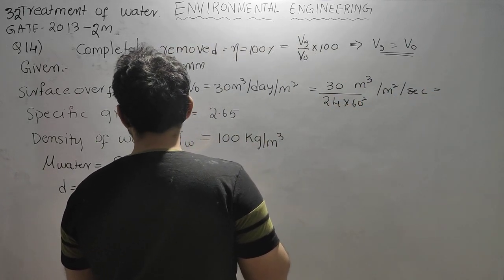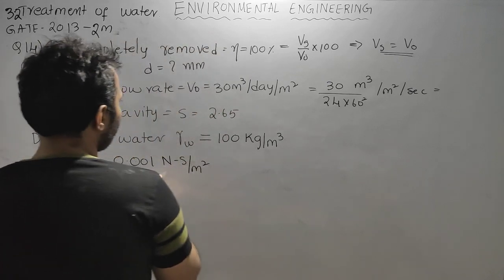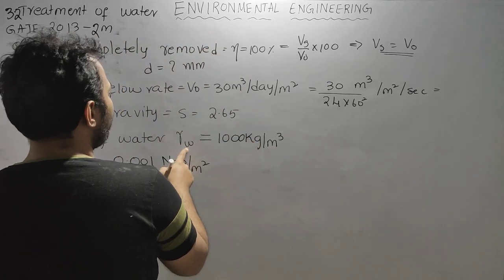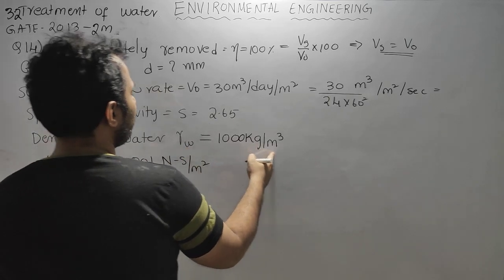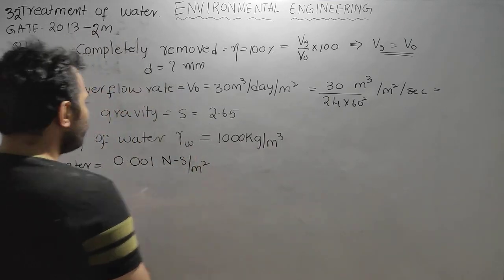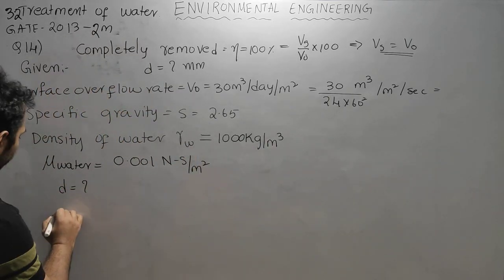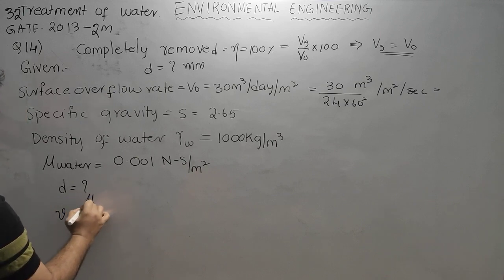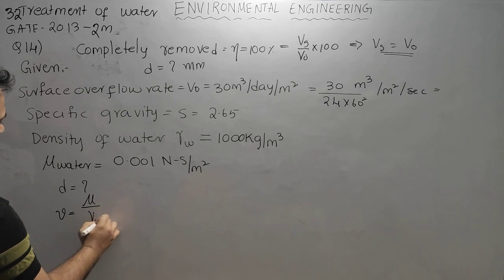Here mu of water is given in Newton second per meter square and gamma W is given in kg per meter cube. Kinematic viscosity nu is equal to dynamic viscosity by density.